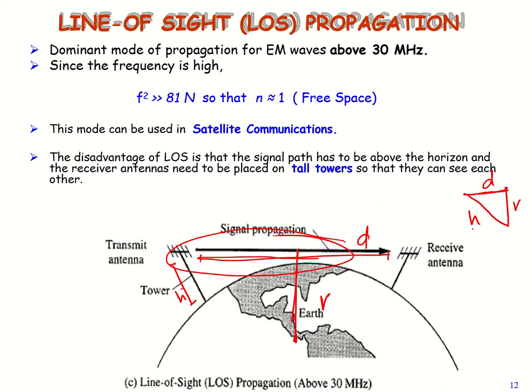Using the Pythagoras theorem, you can write that d squared plus r squared is equal to (r plus h) squared, right? Simple.